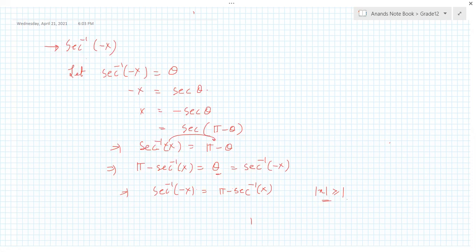And cot inverse of minus x will be equal to pi minus cot inverse of x, x belongs to R.